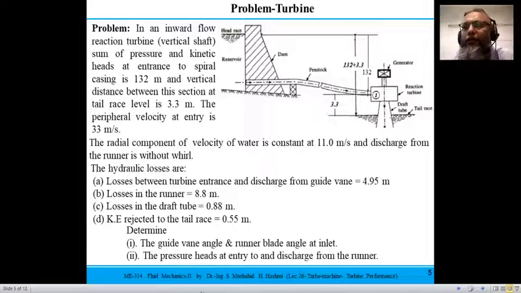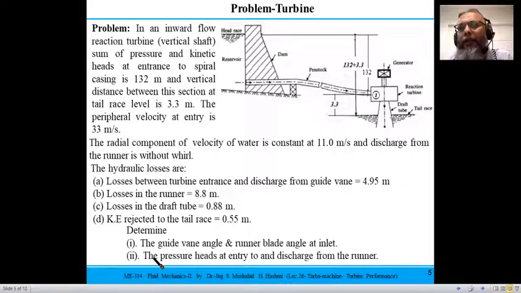You need to work out the guide vane angle and the runner blade angle at the inlet. So blade angle is beta 1 and your guide vane angle would be alpha 1. That is the angle by which the fluid tries to enter the blade, so that would be your alpha 1.